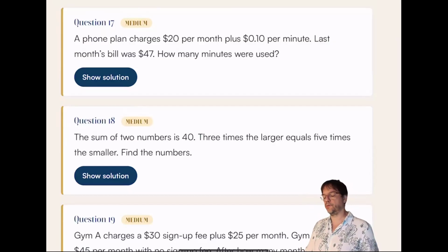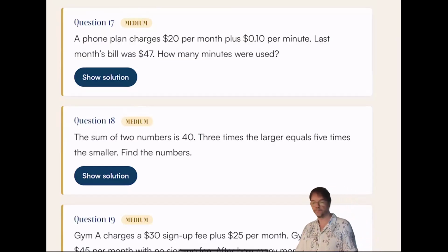Yeah, you don't need to do 20 times M because M is equal to 1. Got it. You are calculating just 1 month. Is that correct? Yes. So it's 20 plus 0.10 times, I don't know, x if you want, is equal to 47. Do you agree?